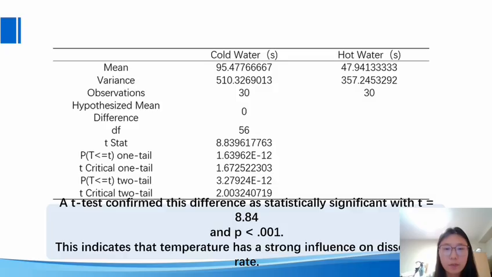The t-test confirmed that this difference is statistically significant, with a t-value of 8.84 and a p-value less than 0.001. This strongly suggests that temperature has a major influence on the rate of dissolution.